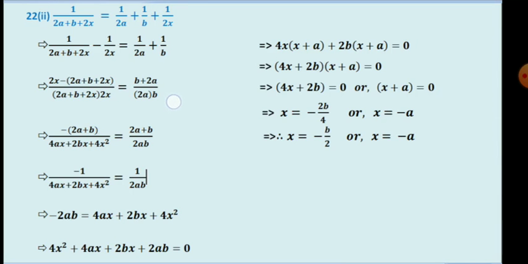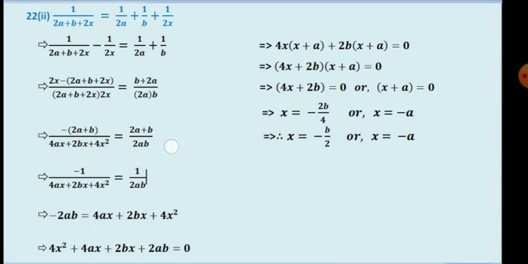Now solving the numerator here, that is 2x minus 2a minus b minus 2x, so 2x and 2x will get cancelled, so what is remaining? Minus 2a plus b, and in the denominator we can multiply this 2a into 2x, that is 4ax, b into 2x, that is 2bx, and 2x into 2x, that is 4x squared.